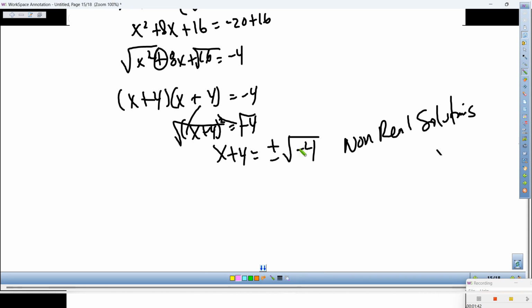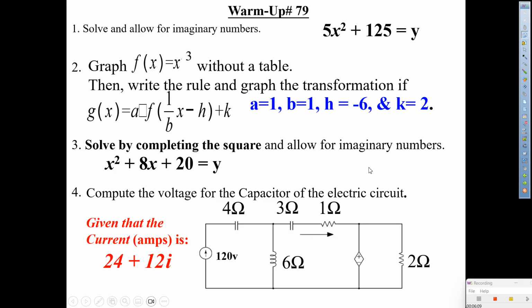Because of the negative inside of the square root. That is correct. Anytime you get to the negative portion right there, you might as well stop and just write non-real solutions. All right? And last but not least, this one, I'll let you do by yourself, but they're asking for the perimeter. Here we have 7 because of 4 and 3, and multiply that times that.